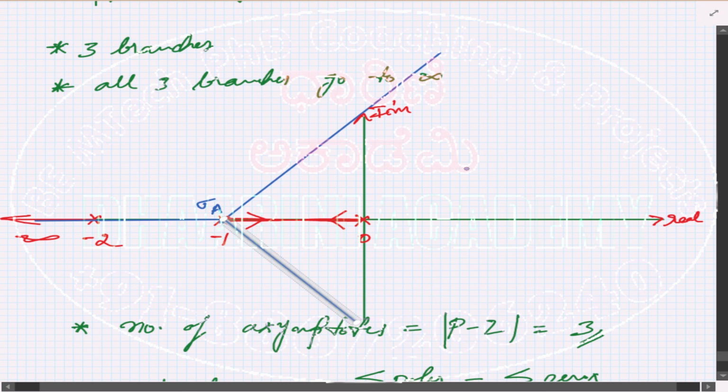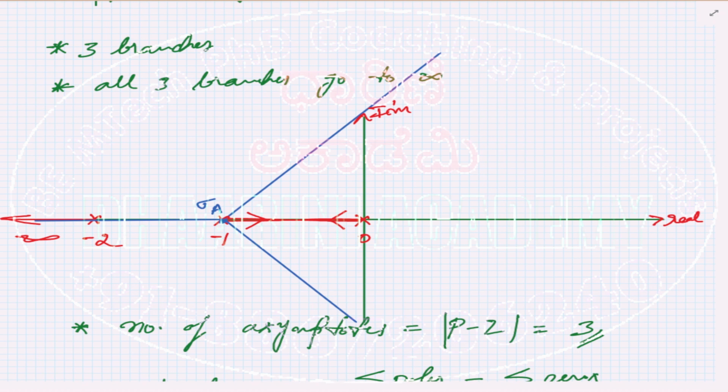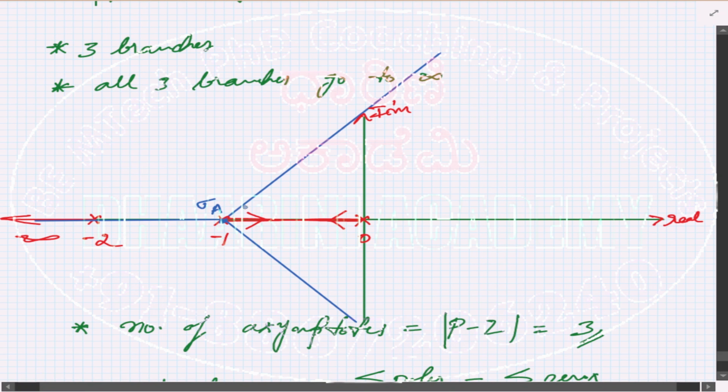So what we expect is we have to show the angles as well. So this complete angle is 300, this angle is 180 degrees, and this angle is 60 degrees. So we have 3 different asymptotes.